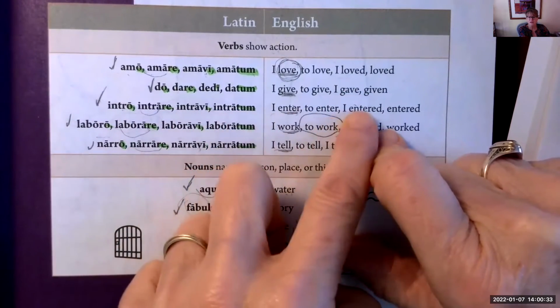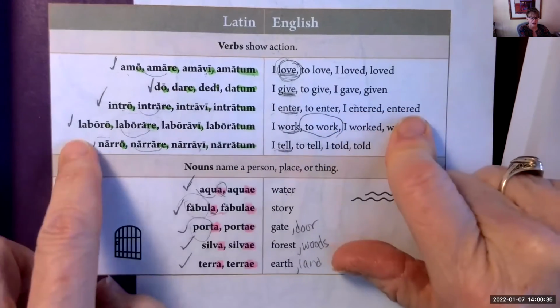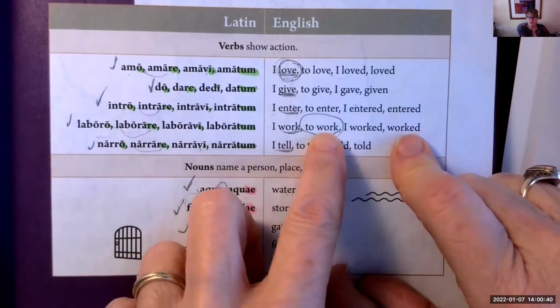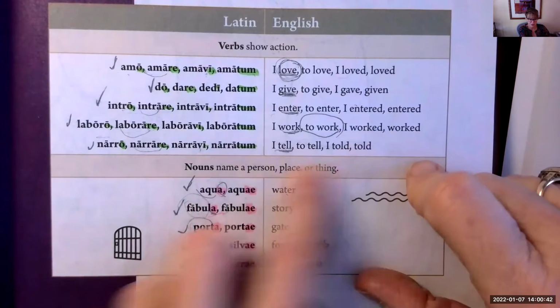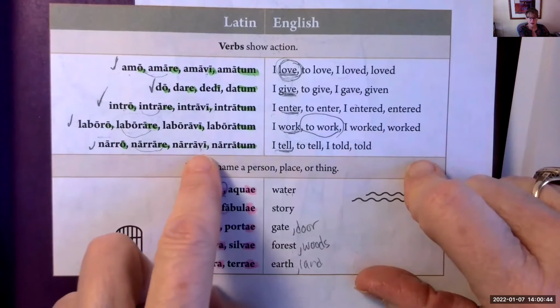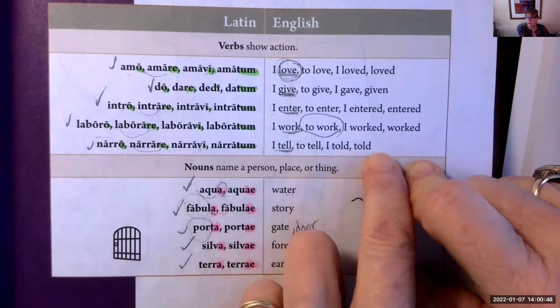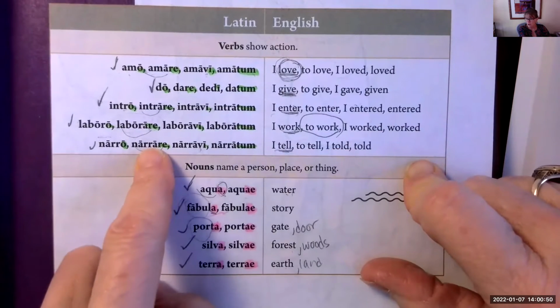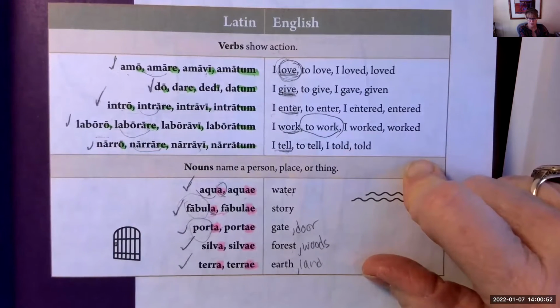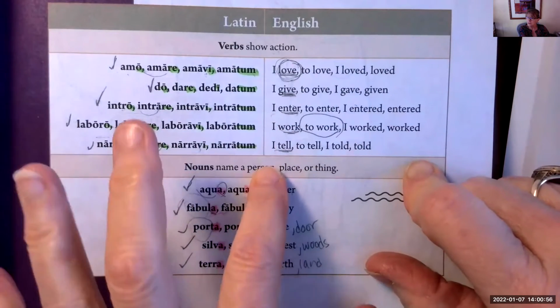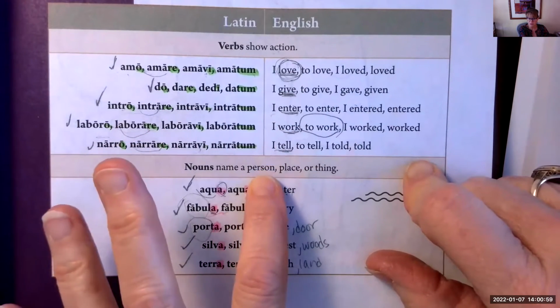I enter, to enter, I entered, entered. Laboro, laborare, laboravi, laboratum. I work, to work, I worked, worked. Narro, narrare, narravi, narratum. I tell, to tell, I told, told. You notice when I hit my R that I rolled my R just a little bit. These are the 5 verbs, and each week you have 10 vocabulary words.